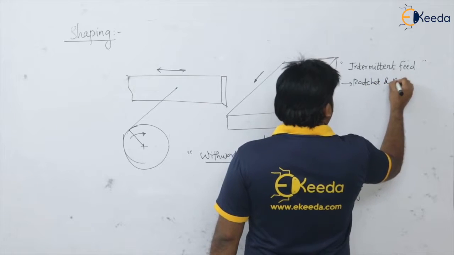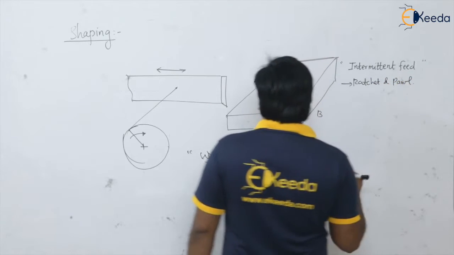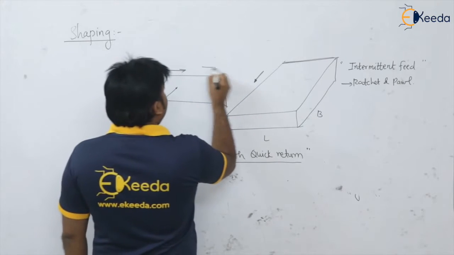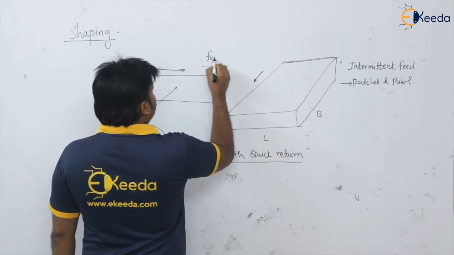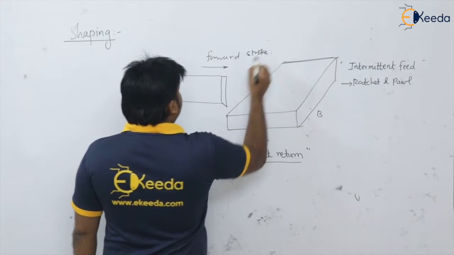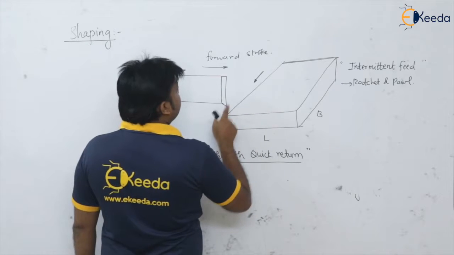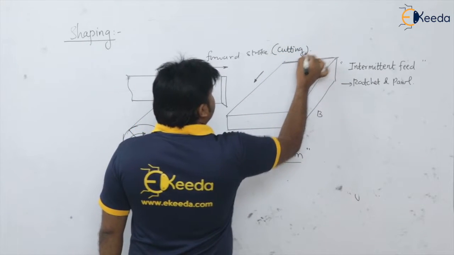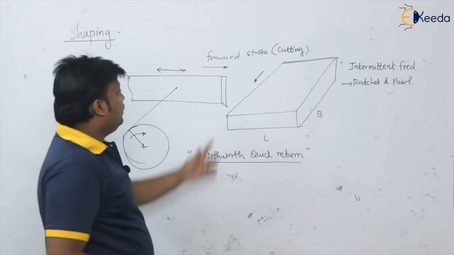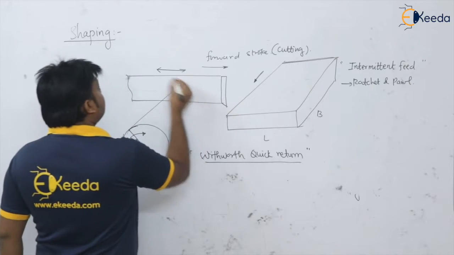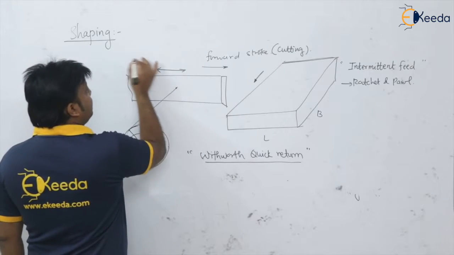The ratchet and pawl mechanism is used to get this intermittent feed. That is, in the forward stroke, the tool is going to remove the layer of the material. That is, it is a cutting stroke where the cutting is going to happen, and during the return stroke it is coming back with the high speed.